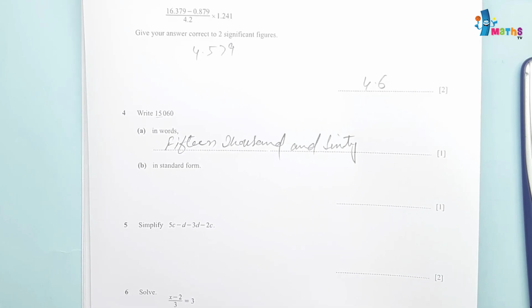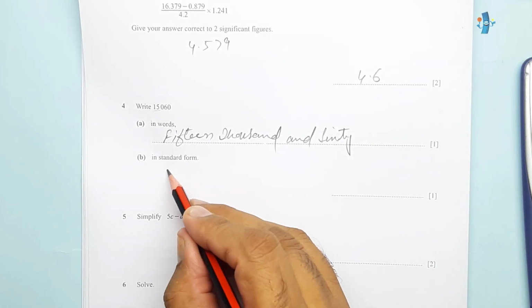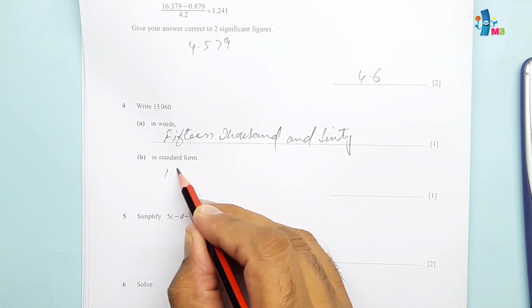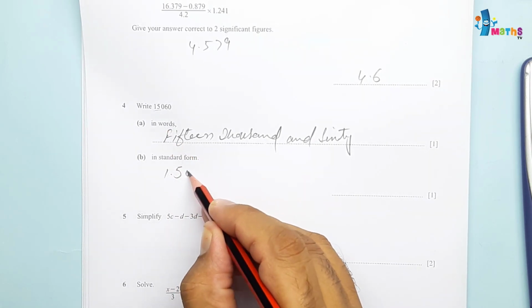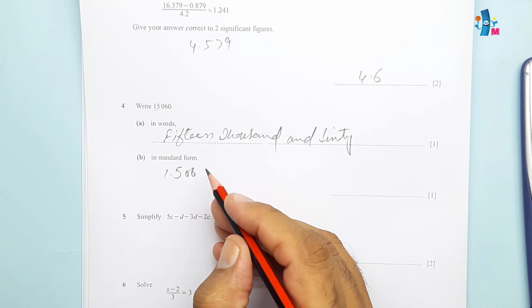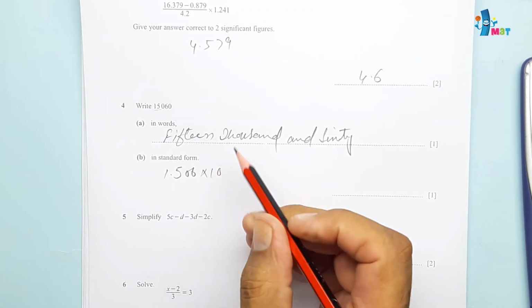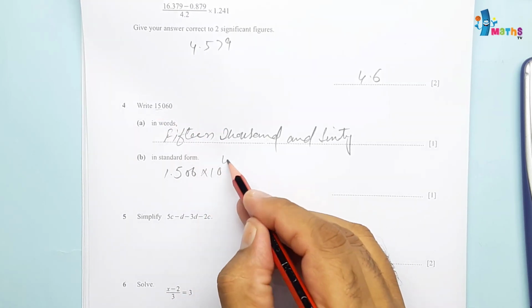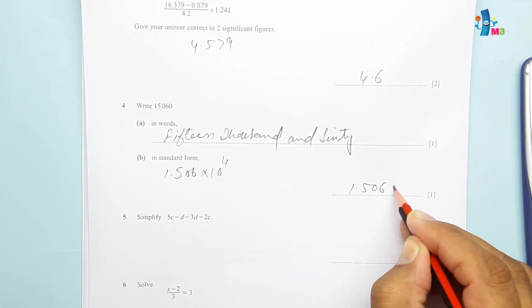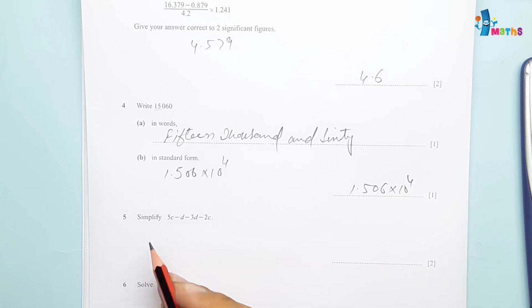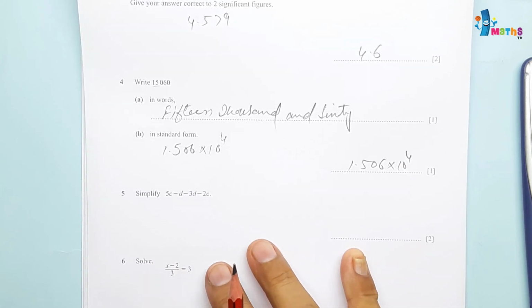In standard form also we have to give. Standard form is after one non-zero digit there will be decimal, so 1.506 into 10 raised to the power 1, 2, 3, 4, so 10 raised to the power 4. 1.506 into 10 raised to the power 4.